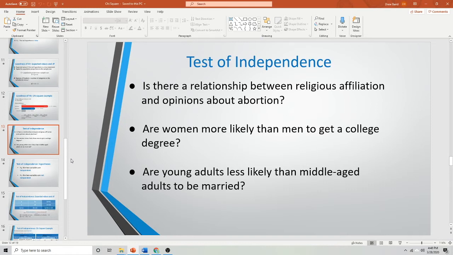And it could range from 4 categories: extremely disagree with abortion, somewhat disagree with abortion, somewhat agree with abortion, or agree with, we'll say, the notion abortion should be legal. So extremely disagree with that notion, somewhat disagree with that notion, somewhat agree with that notion, or extremely agree with that notion.